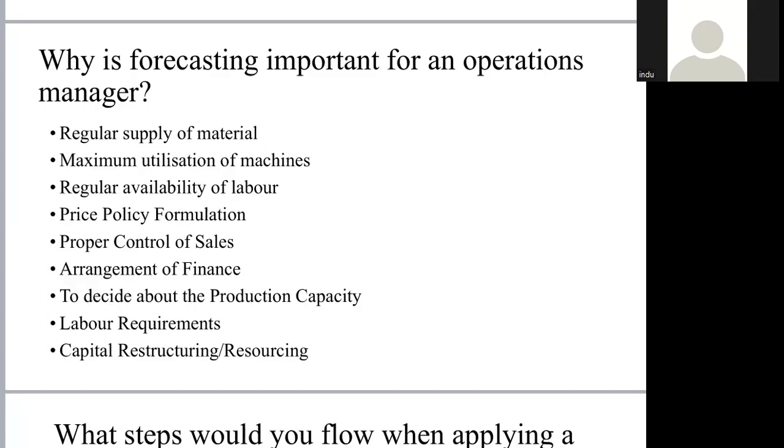And the next importance of forecasting is that if we have the forecasted information, then we can decide the production capacity correctly.